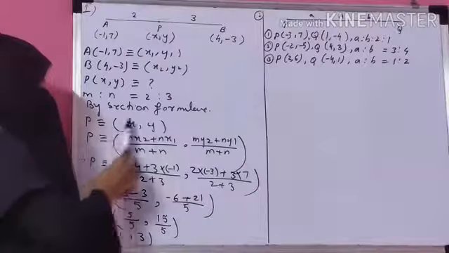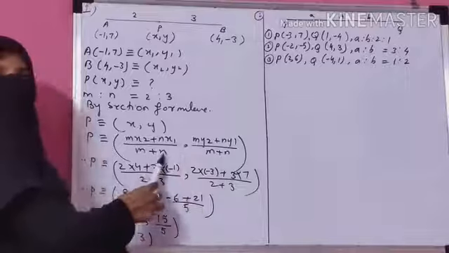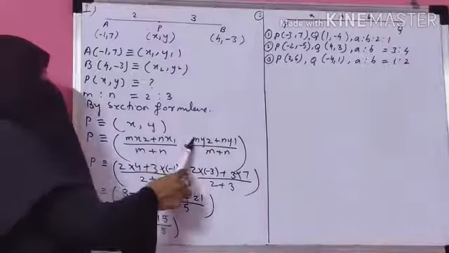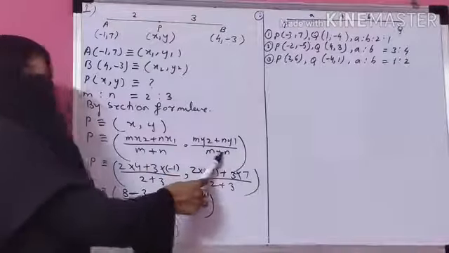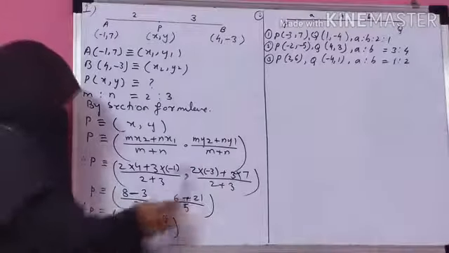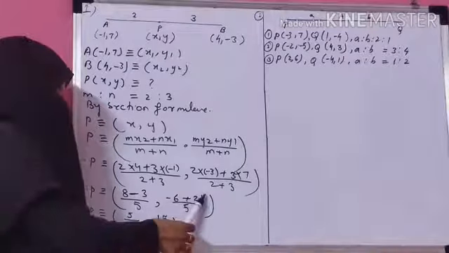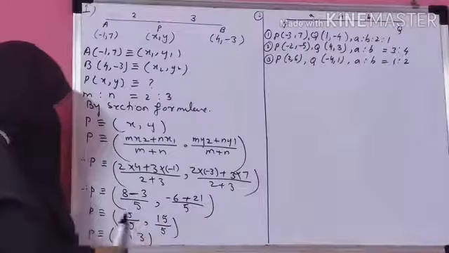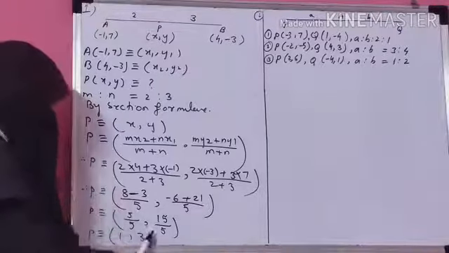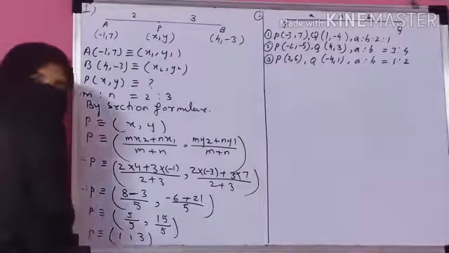By section formula, x coordinate of point P is mx2 plus nx1 divided by m plus n, and y coordinate is my2 plus ny1 divided by m plus n. Then we substitute the values. After substitution, we get 8 minus 3 upon 5, minus 6 plus 21 upon 5, that means 5 upon 5 is 1, 15 upon 5 is 3. So your answer, coordinate of point P is 1, 3.